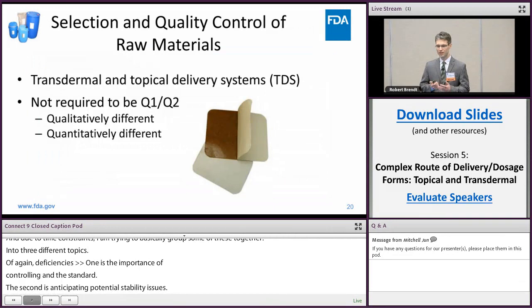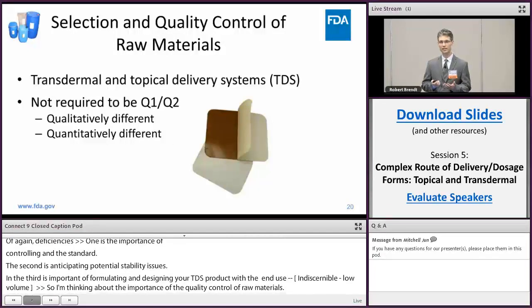So I'm talking about the importance of controlling raw materials because, in part, as multiple speakers have discussed already today, transdermal and topical delivery systems do not need to be Q1 and Q2. And so that allows a lot of flexibility to applicants when they're formulating their product.